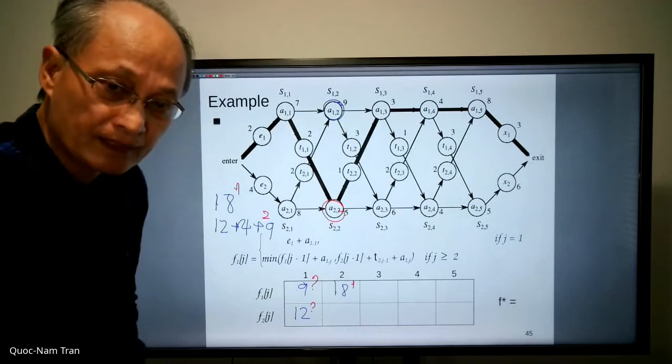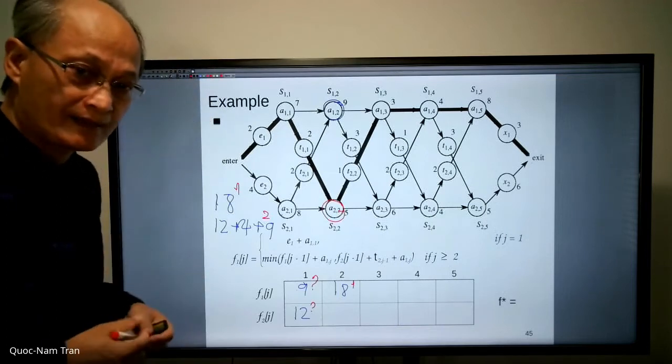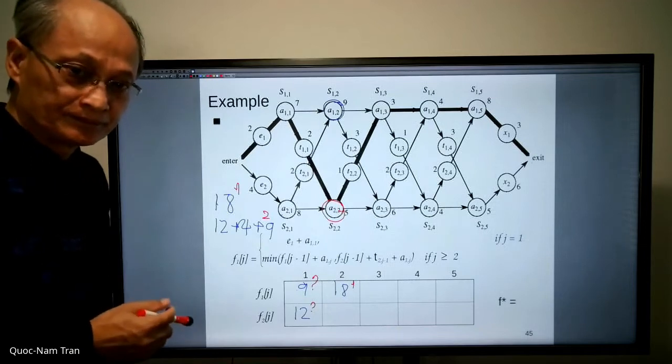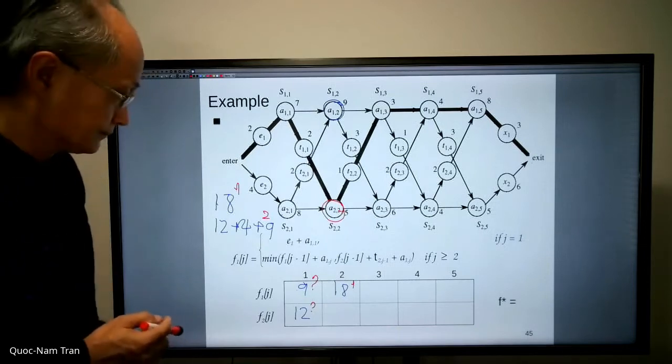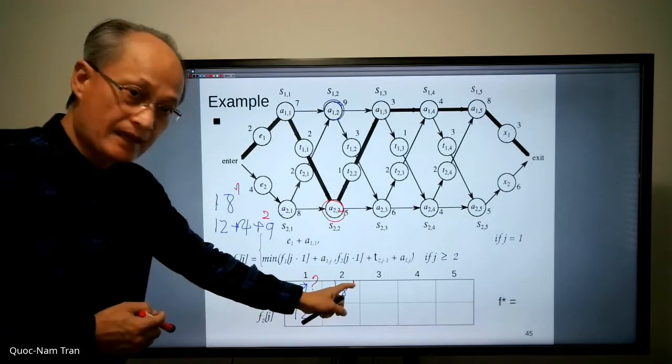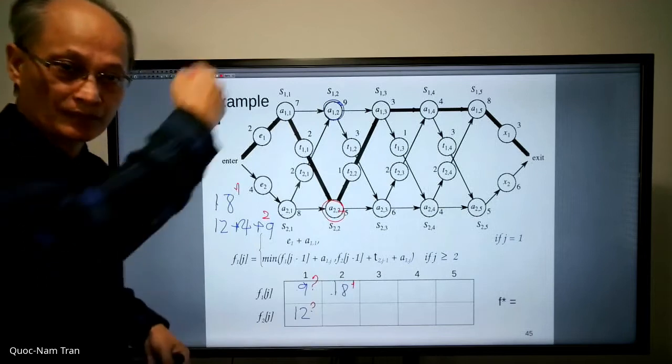And one more thing: what direction? Remember that we have the smallest value and the direction, whether we go through line 1 or line 2.